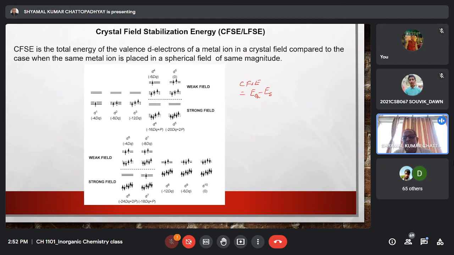So that is the energy difference. It is called the crystal field stabilization. If the energy is negative, then it is stabilized. If the energy is positive, it is destabilized.